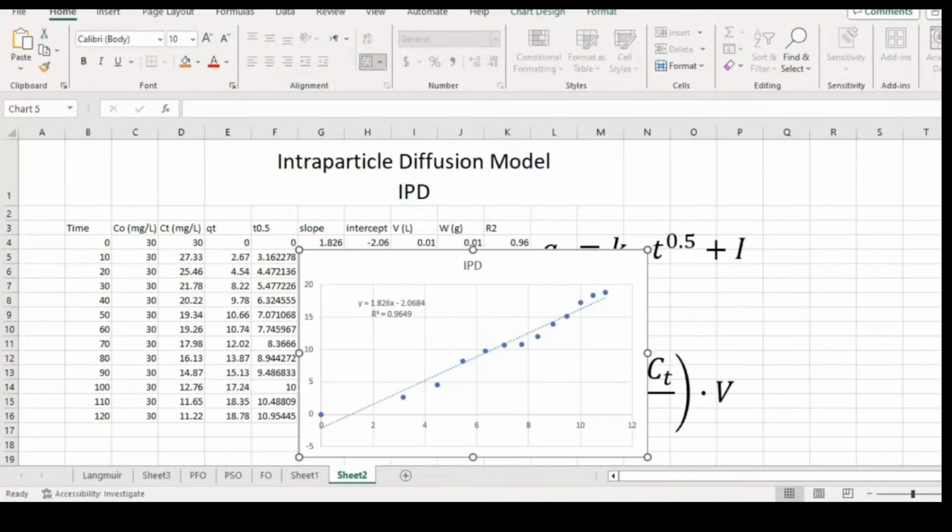Now you can add the chart elements, axis titles, for the x-axis and y-axis.